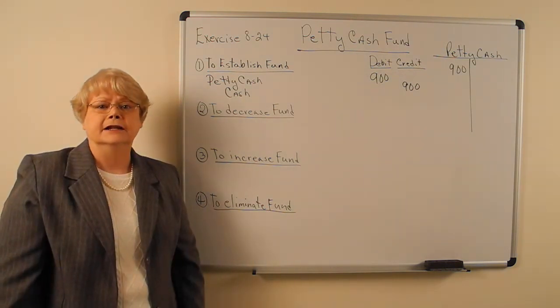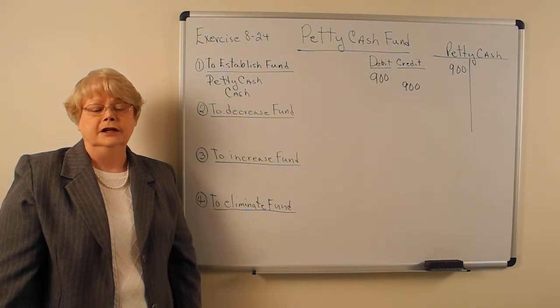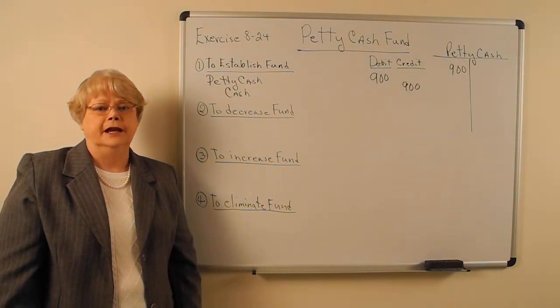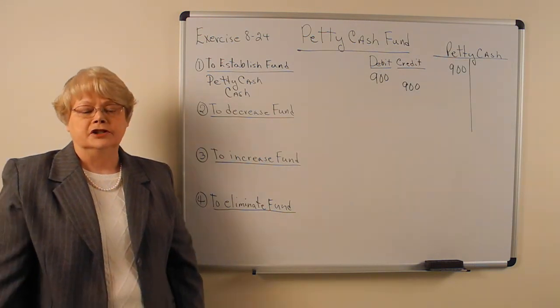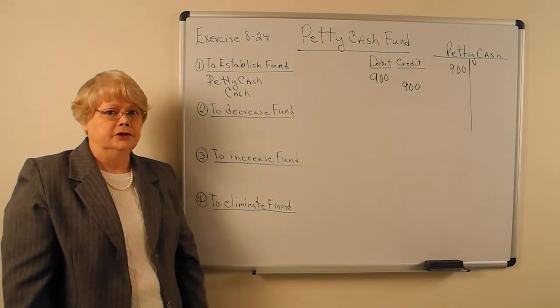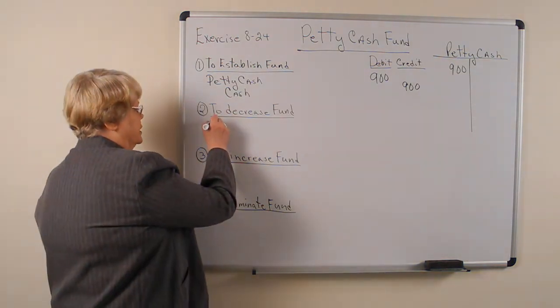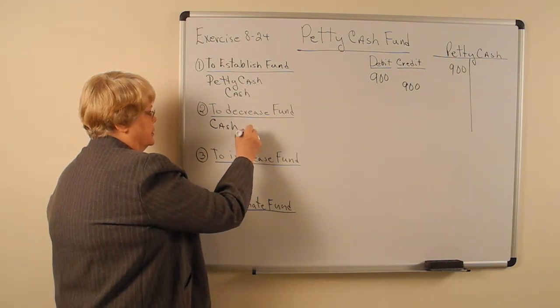Let's say that we decided $900 was too much. We really needed about $500. Okay? So we're going to decrease the petty cash fund by $400. To do that, we would take the cash out of the drawer, make a deposit, and then we would make an entry to increase cash with a debit and decrease petty cash with a credit.